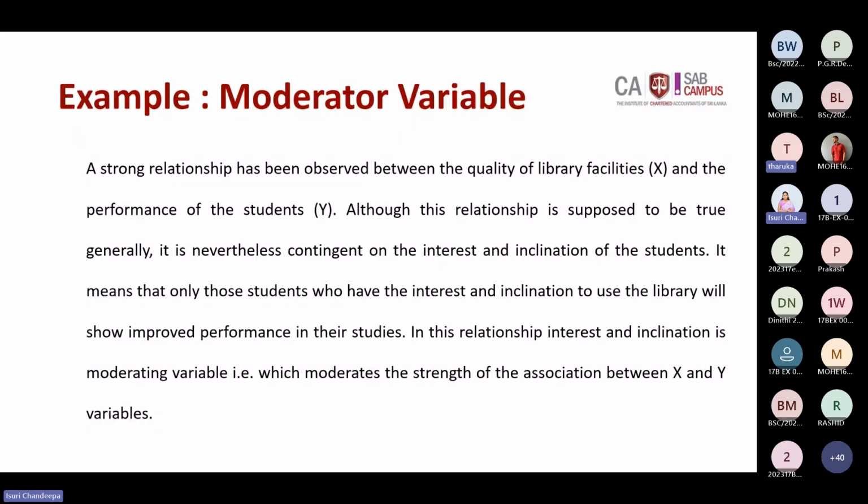So that is what we are going to test first. But even if there are high library facilities, the interest and inclination to use these library facilities will definitely create an impact between these high library facility services and the performance.